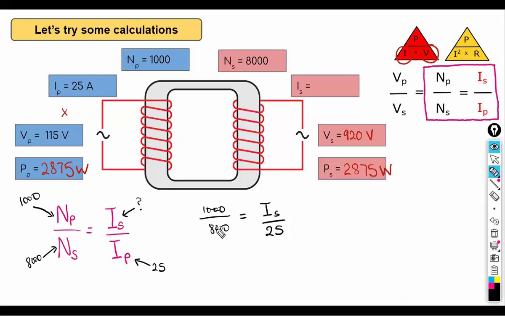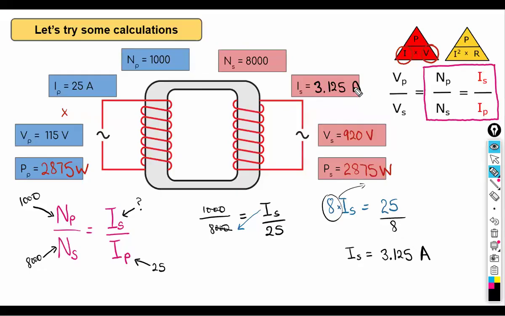So I'm just going to cross all these 3 zeros and these 3 zeros. IS by 8 is 8IS. And 1 by 25 is 25. 8 is a multiply, throw it across, you get what? A divide. 25 divided by 8 is 3.125 amps.